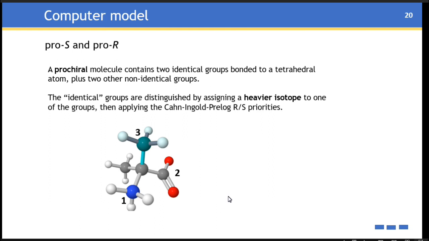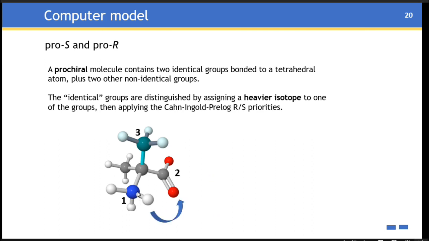The pro-S and pro-R nomenclature you may not be aware of, and it applies to molecules where there's two identical groups or atoms bonded to a tetrahedral atom, and then two other identical groups. In a chiral environment, these actually are different from each other. The way these are distinguished is by assigning a heavier isotope to one of these, such as that one, and applying the Cahn-Ingold-Prelog RS rules to that.